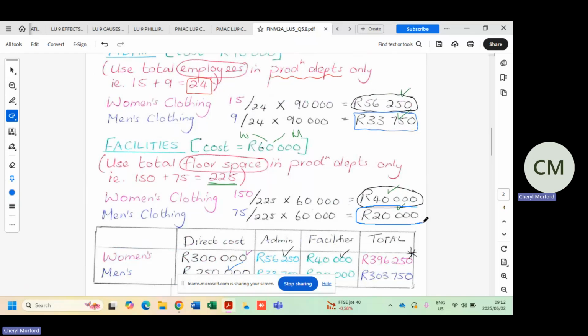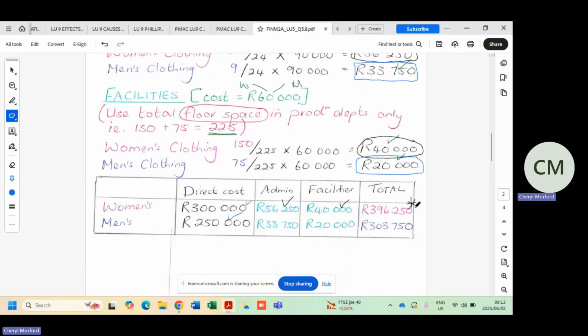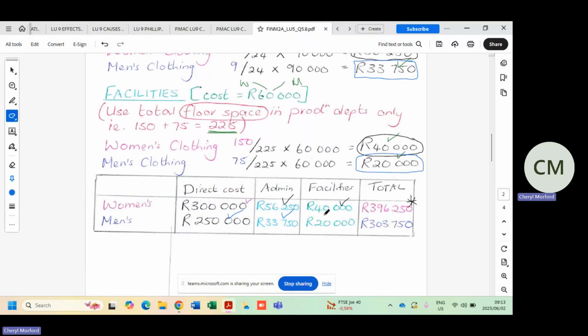So we're going to take the 33 and the 20, which are the reassigned service department costs, add to the men's direct cost, gives a total of 303,750. So that's it. Direct method done.